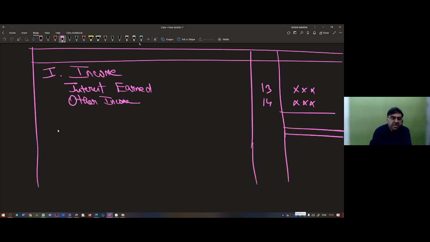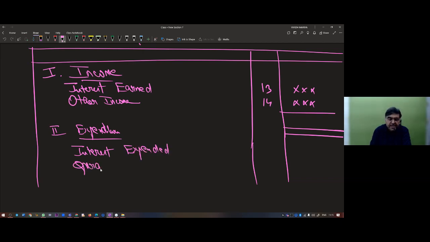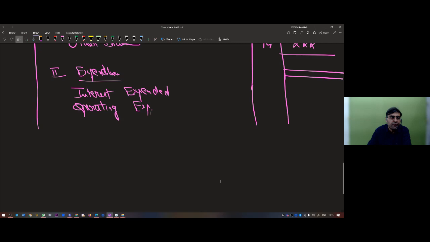Now, income is to be compared with the expenditure. Interest expended. Expended means paid. Operating expenses, and expenses for which we provide, provisions and contingencies.